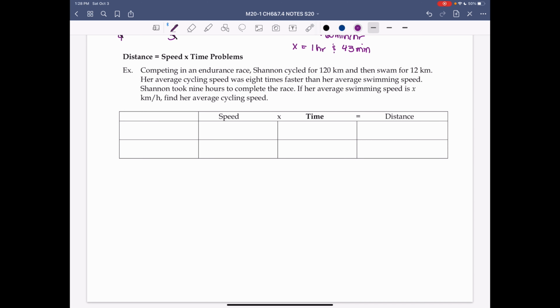So we have two different activities. We have cycling and swimming. It tells us her average swimming speed is X. So speed, swimming, that's X. It also tells us that she cycled for 120 kilometers.